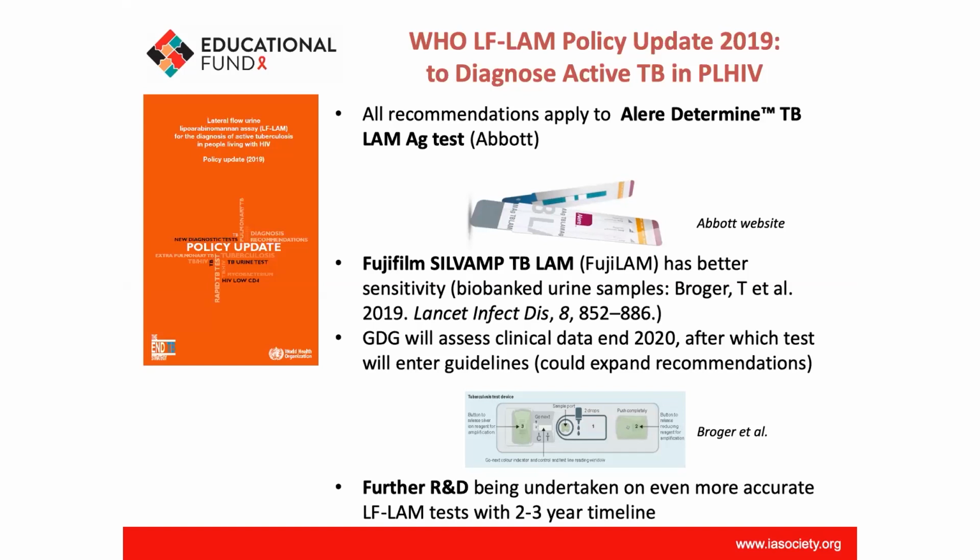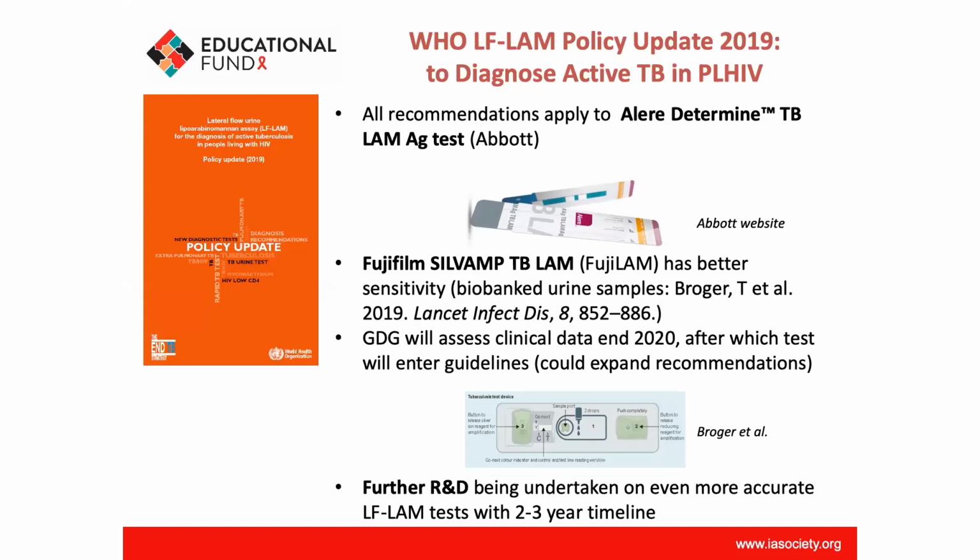You can see on the left-hand side there the cover of that policy update. And this test is specifically used to diagnose active TB in people living with HIV. The current guideline only applies to the Alere Determine TB LAM antigen test from Abbott, because it is currently the only one that is both commercially available and has been assessed by the TB department at the WHO for endorsement for use for diagnosis of TB.